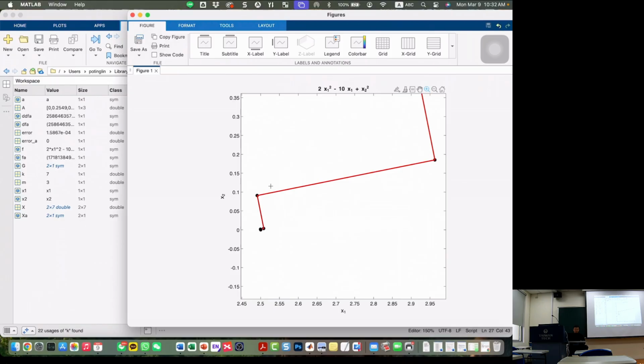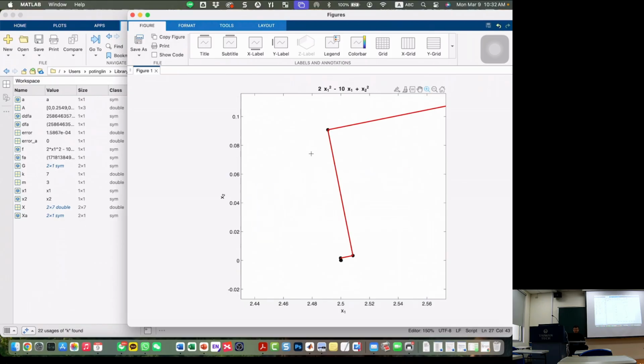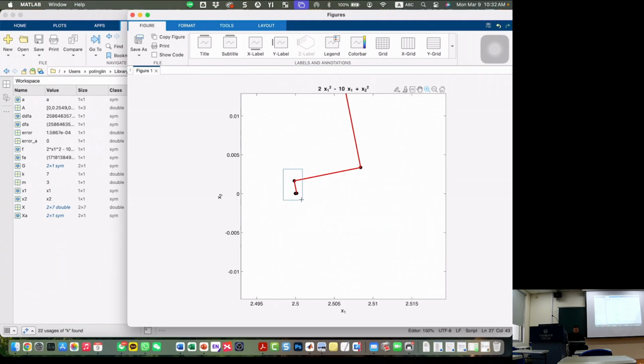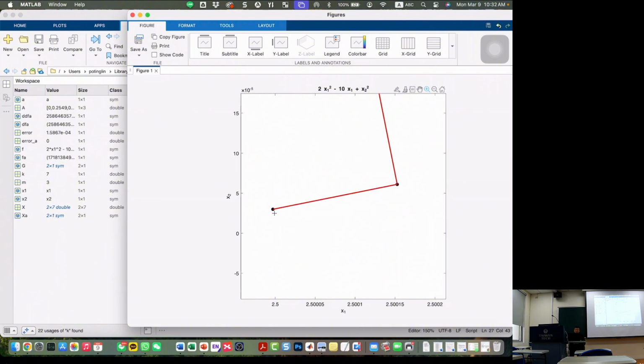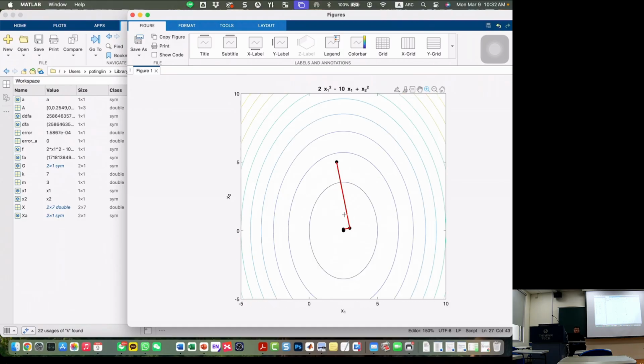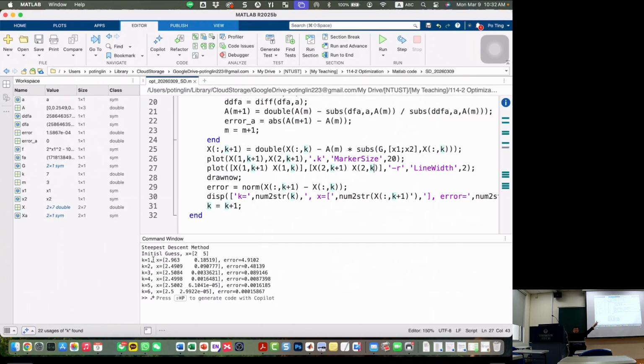If I zoom in more, zoom in more. Okay, I think this is where it stopped. When the error between these two is very small, no more movement. Okay, so it actually took steepest descent 6 iterations to find the solution.